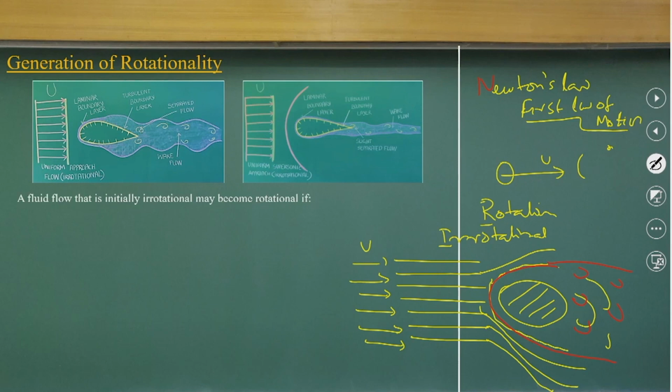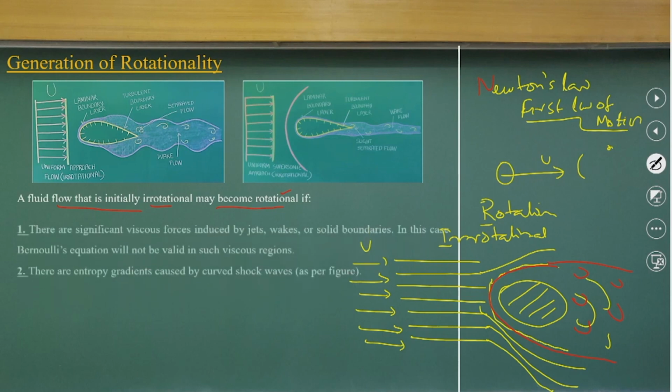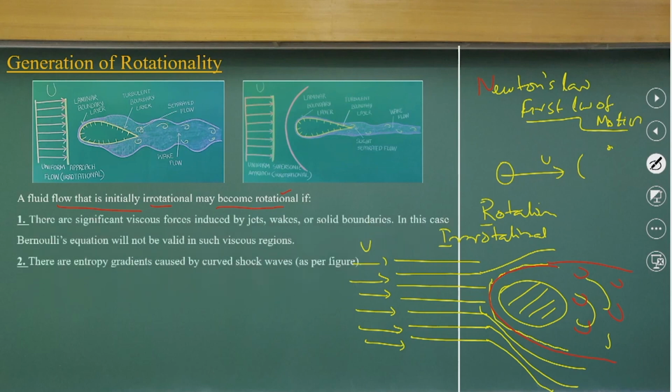That means a fluid that is initially irrotational may become rotational only if there are 4 conditions. The first condition, which we can easily understand, is that if there is a significant viscous force induced by jets, wakes and solid boundaries, then the flow will change and go to rotationality.